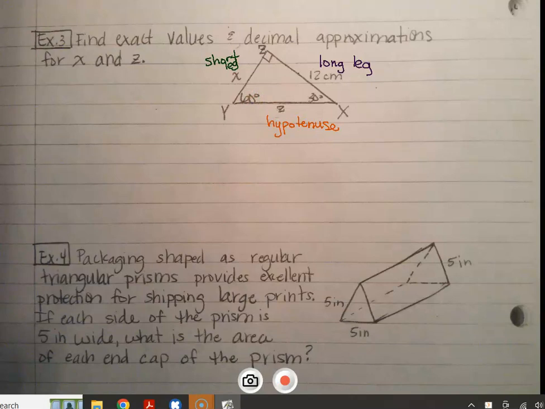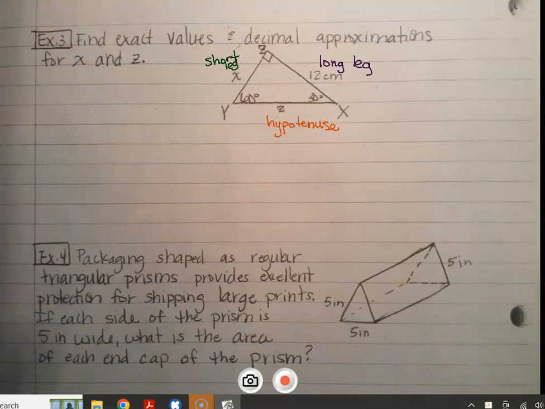Okay, so if we go back to what we just talked about, it said in that theorem that if x is the length of the short leg, then the longer leg is x times the square root of 3. So let me change colors here.